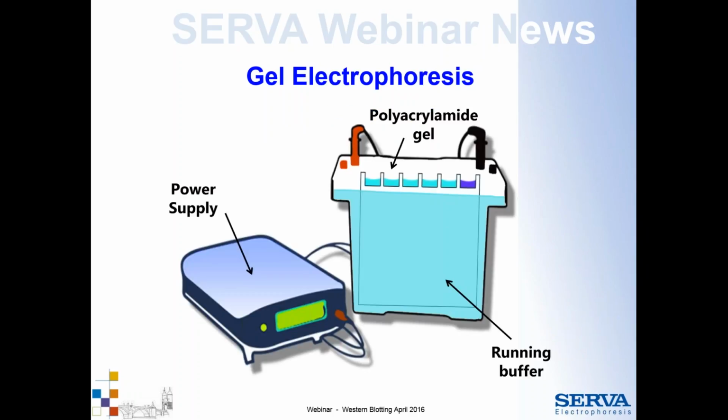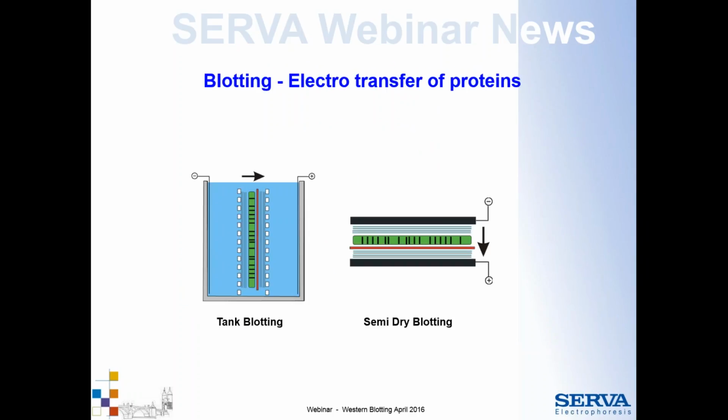So the samples and the marker are loaded on the gel, and gel electrophoresis is started, and after the run you will have different possibilities to perform the blotting or the Western blotting. The most common are the tank blotting and the semi-dry blotting.